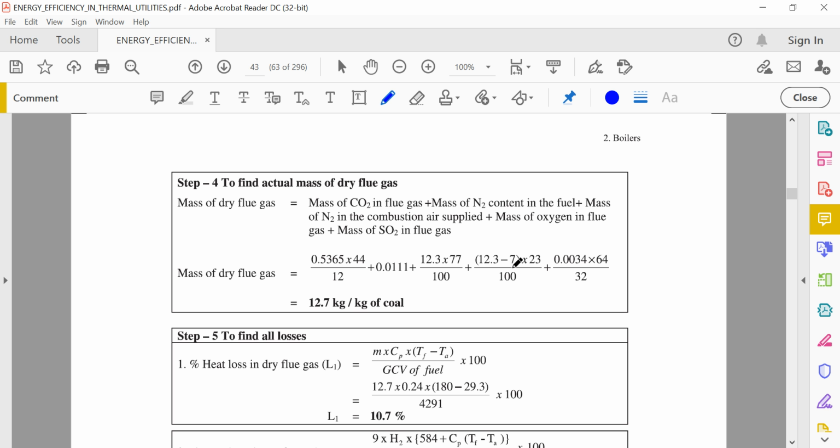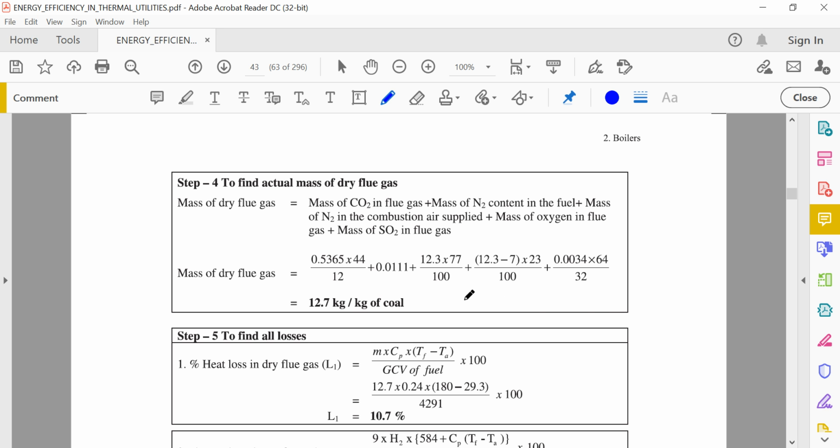So this means the oxygen that is in the 7 kg is used in the combustion, and the excess air, this is 12.3 minus 7, has the O2 value that will remain in the flue gas. And similarly, this is the amount of sulfur dioxide that will be there in flue gas. So calculating all, we are getting 12.7 kg of dry flue gas per kg of coal. We are producing this.